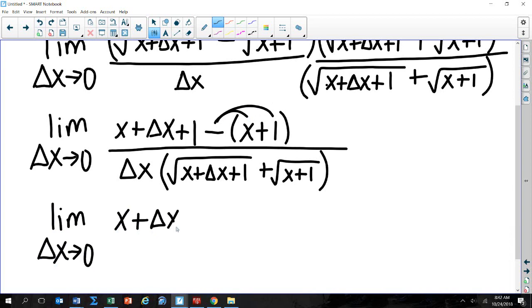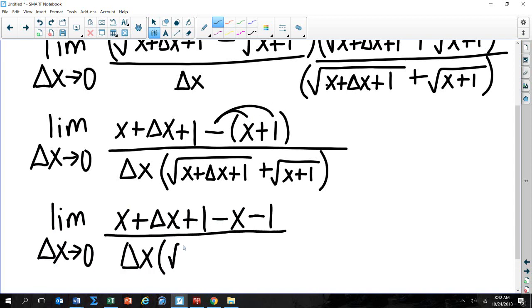Delta x plus 1 minus x minus 1. Ooh, that looks nice, doesn't it? Delta x. See, I love these problems because I can take something awful and make it look so much better at the end. It gives me great satisfaction to simplify things.